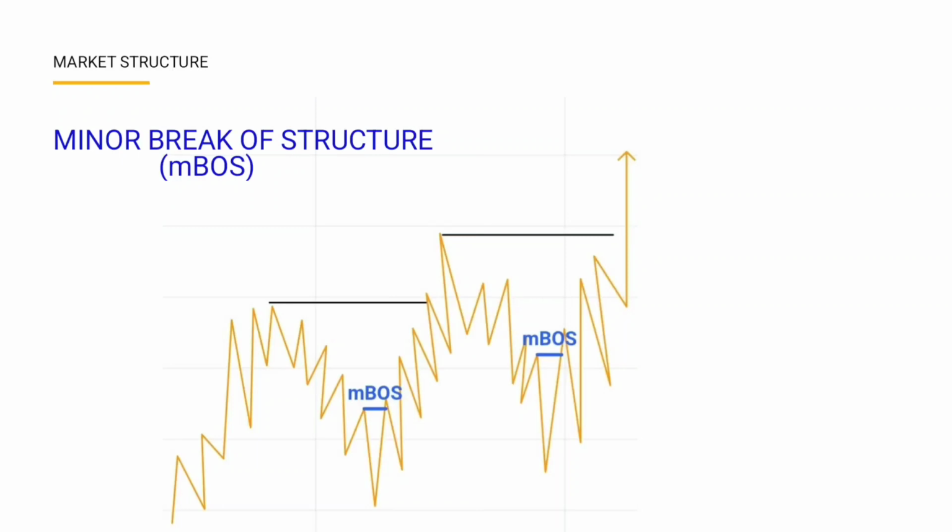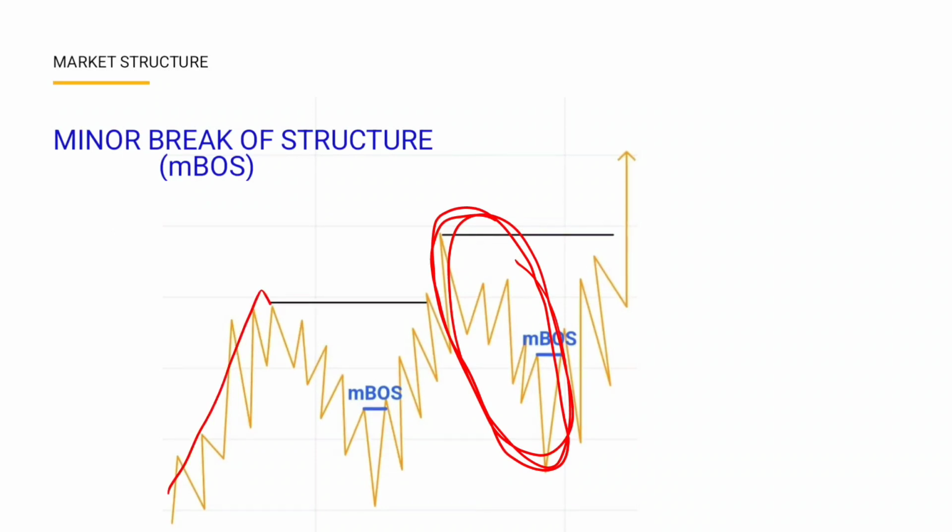So what is the minor structure? The minor structure is the small impulsive and corrective waves within the main retracement. So, like we said, this is our impulsive wave, this is our corrective wave, this is our impulsive wave, this is our corrective wave, this is our impulsive wave. So within our corrective wave, we have smaller corrective and impulsive waves.